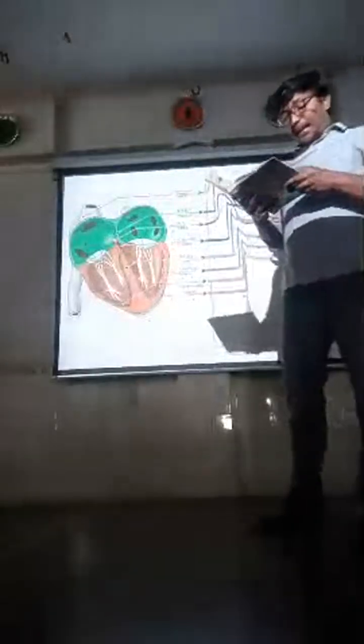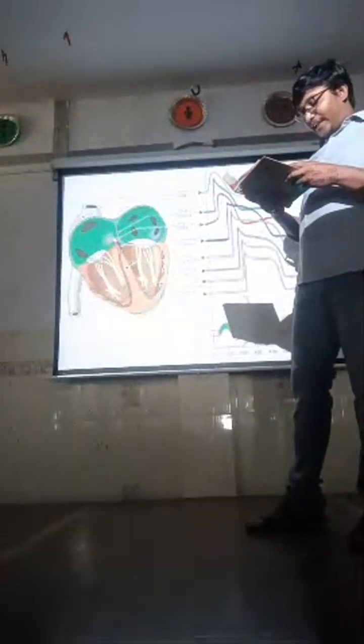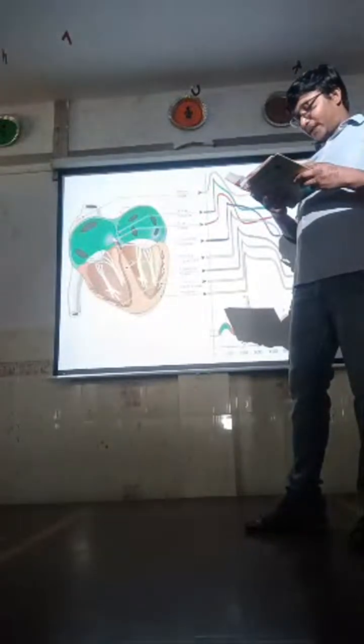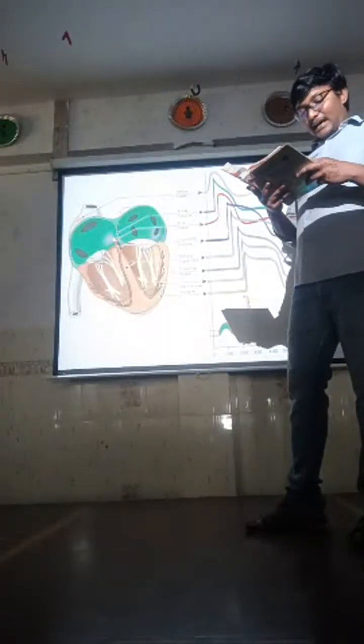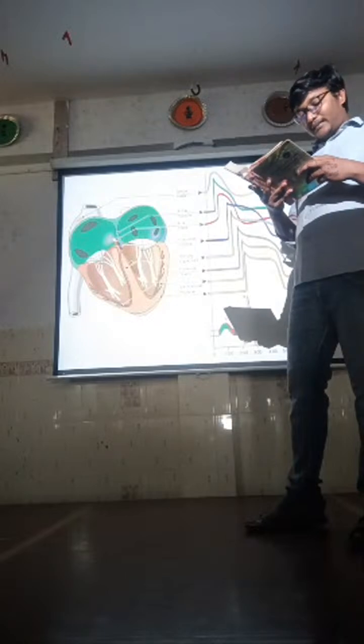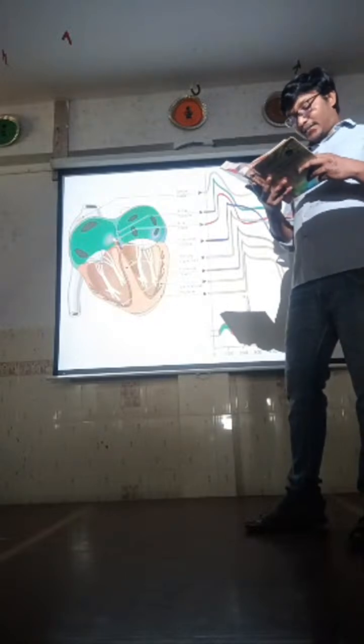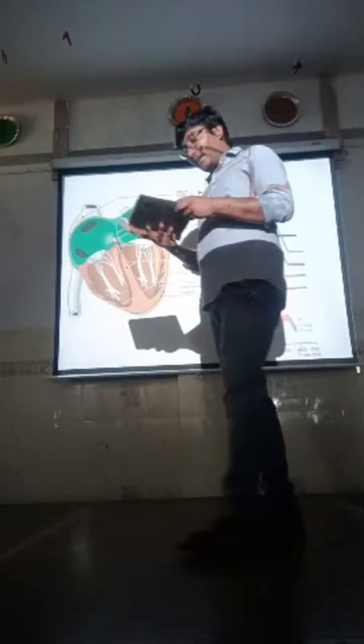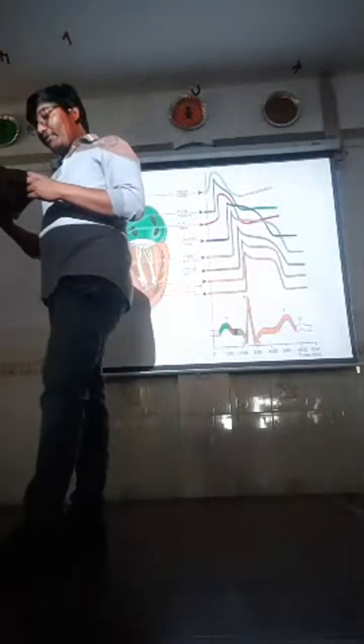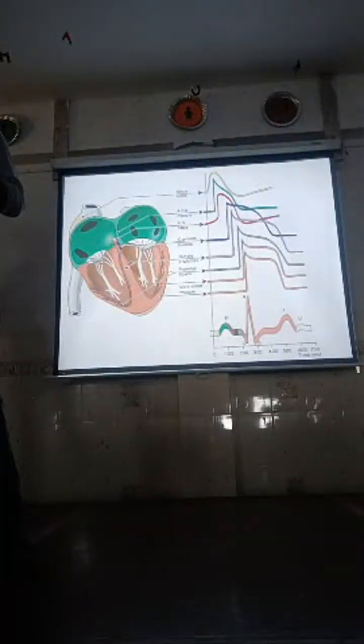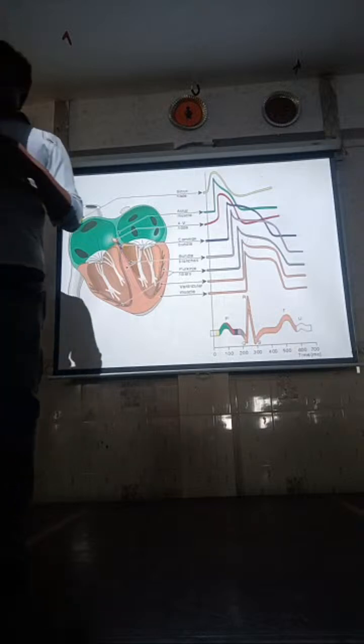Narrowing the orifice of the inferior vena cava, superior vena cava, and pulmonary veins decreases the venous return to the heart. What is happening here? Narrowing of the orifices decreases venous return to the heart.